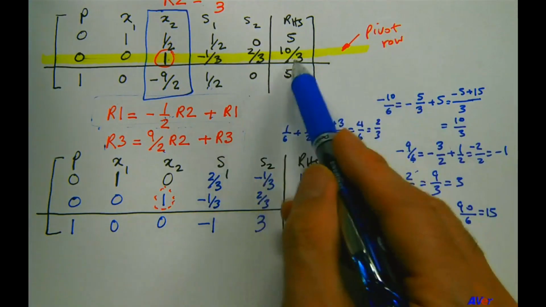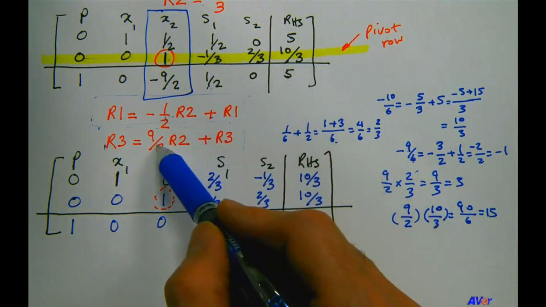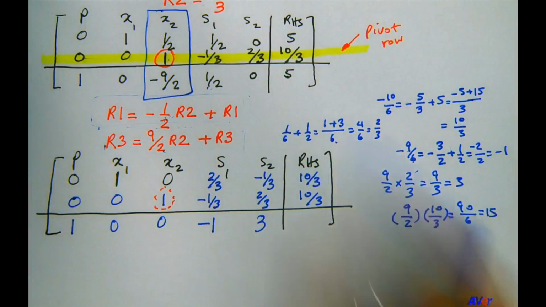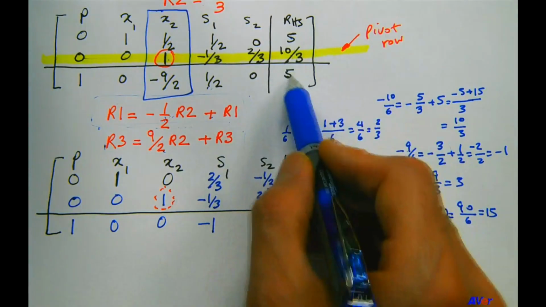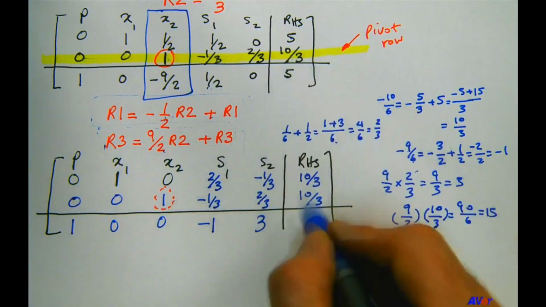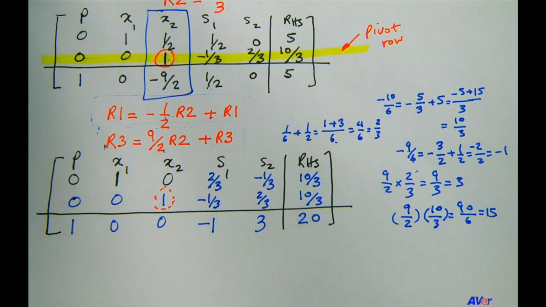So we got 15 from multiplying 9 halves times that. But 15 then needs to get added to 5, right? We're doing this row operation. So 15 plus 5, it's going to be 20. Okay? I hope this matches the tableau that you got.